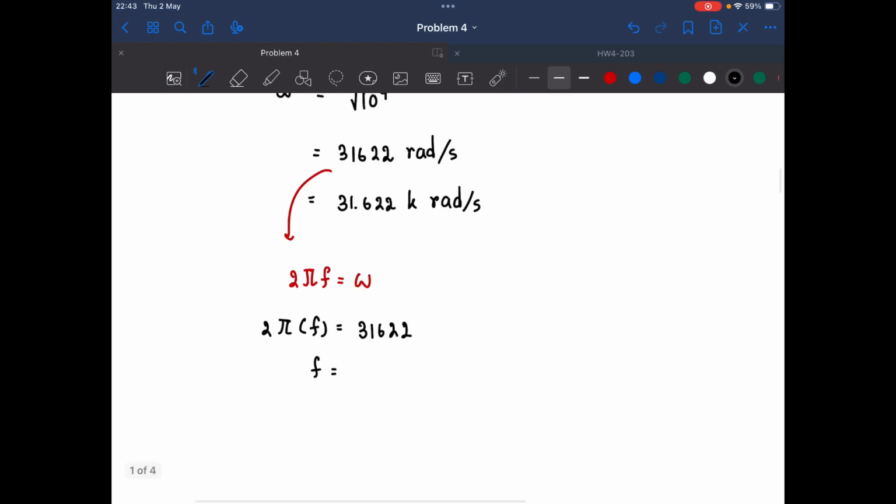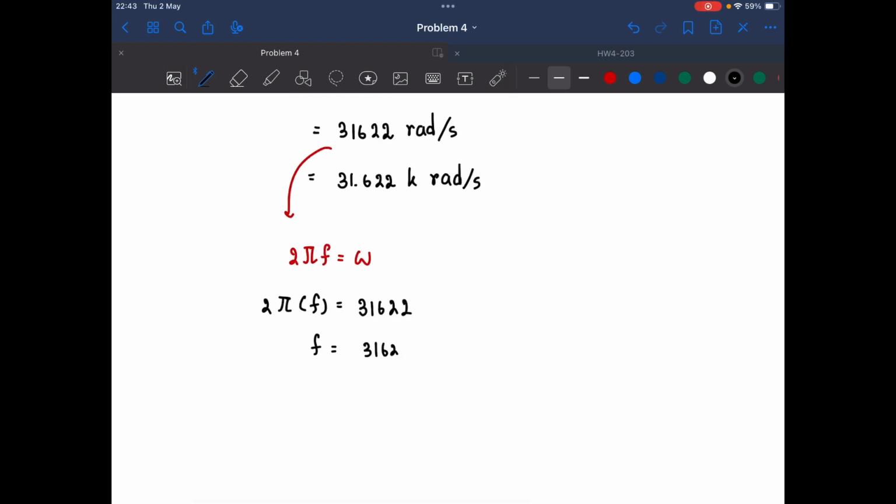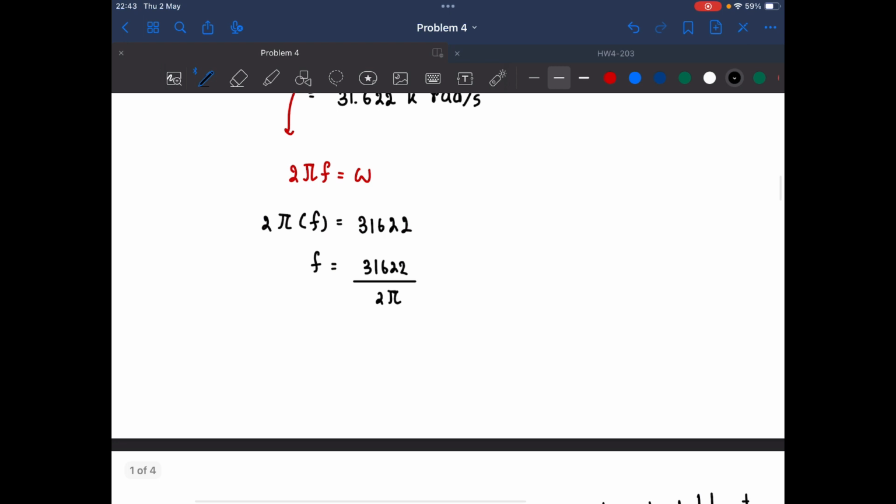F will be, from the calculator, this many hertz.